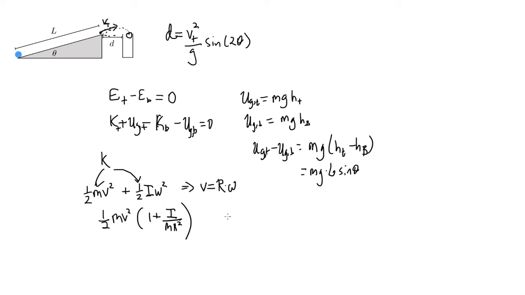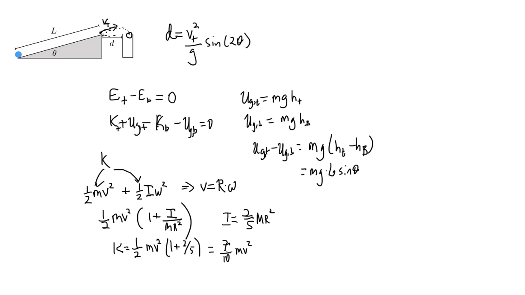Now we also know that for a sphere, I is equal to 2/5 m r squared. So this term is 1 plus 2/5. And so the kinetic energy in any of these situations, either top or bottom, is 1/2 m v squared times 1 plus 2/5, known to the world over as 7/5 or 1.4. So I can say that this is 7/10 m v squared. See what I did there? It was totally a bit of adding fractions.